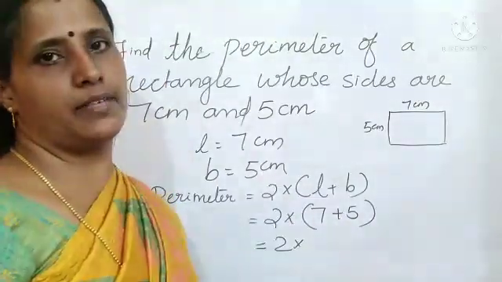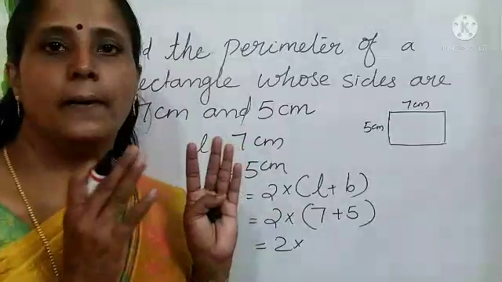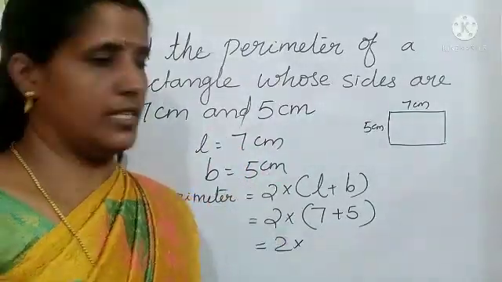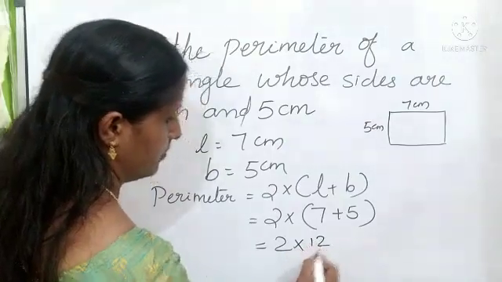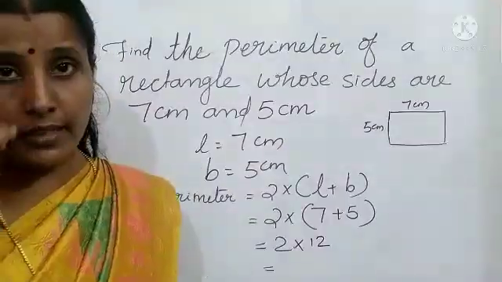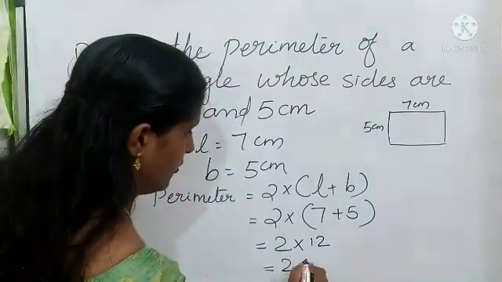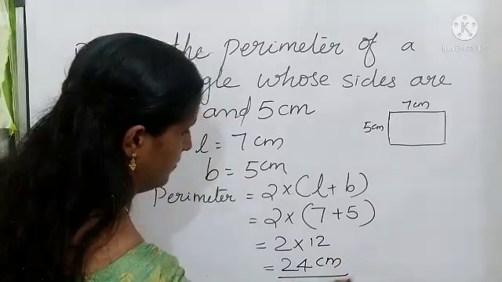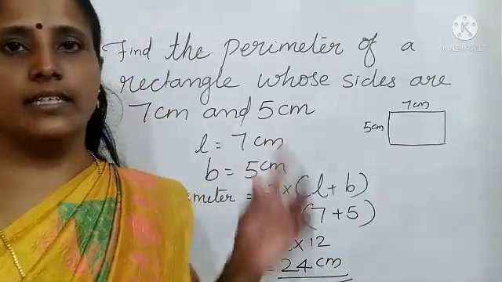After that we have to multiply with 2. First preference is inside the bracket calculation. Understand? 7 plus 5, 12. 2 into 12. 1 12 is 12. 2 12s are as 24. 24 centimeter. That is the perimeter of a given rectangle.